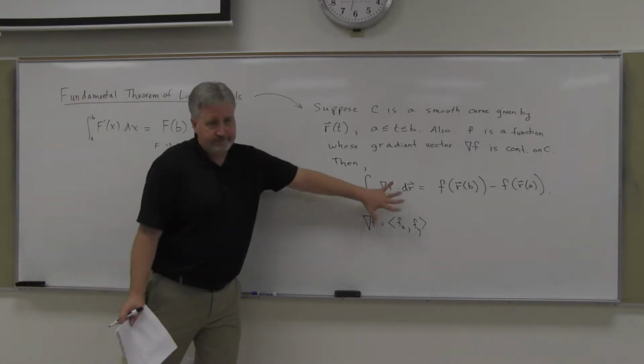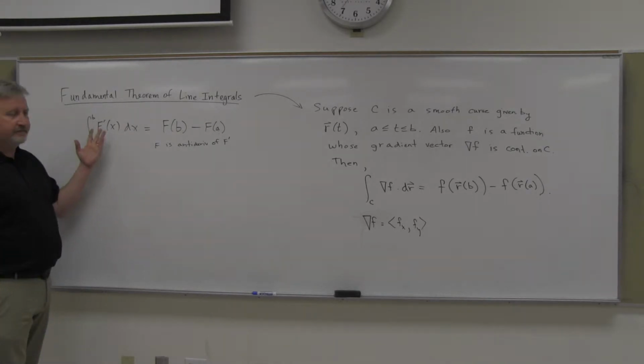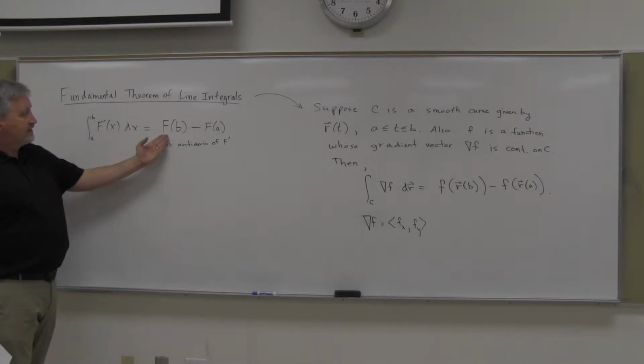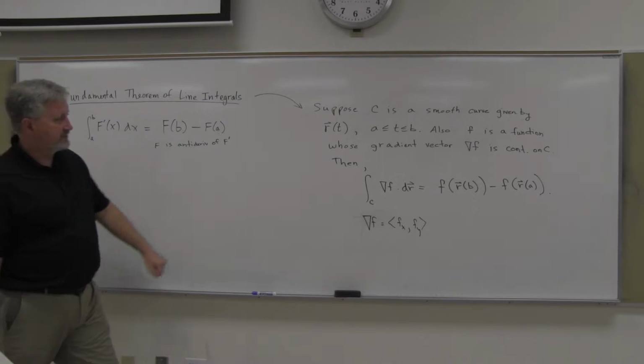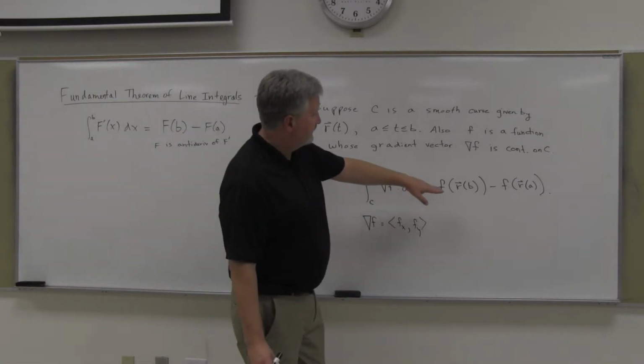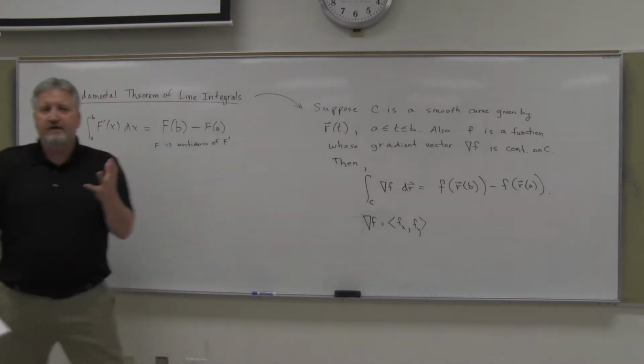So hopefully you can see the connection here. That's very similar to what we got here. This is the derivative, and that's the antiderivative. Two separate ways there. So it's the same thing here: this is the gradient of f, so the same kind of relationship.